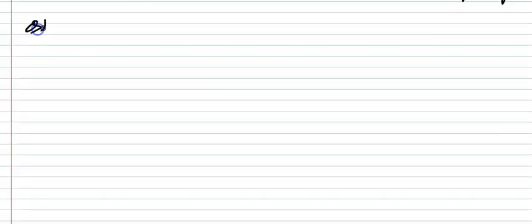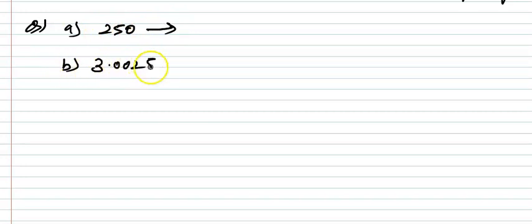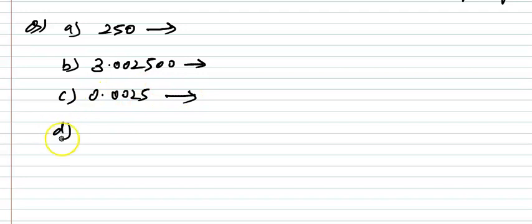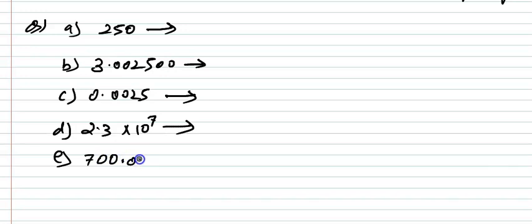Okay, so write down the questions. 1, A, 250, B, 3.002500, C, 0.0025, D, 2.3 into 10 to the power 7, E, 700.0010. How many significant digits do we have in all these 5?